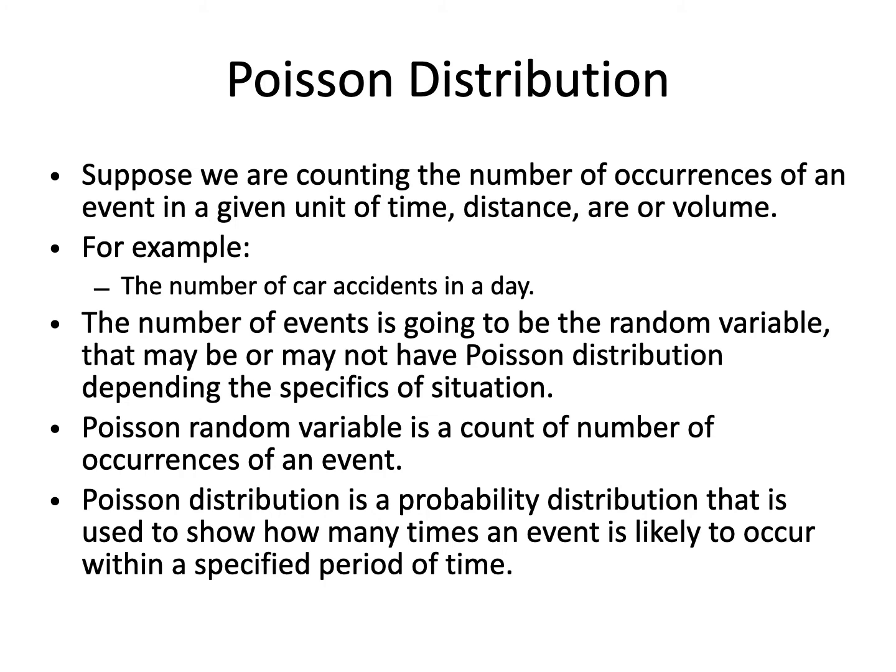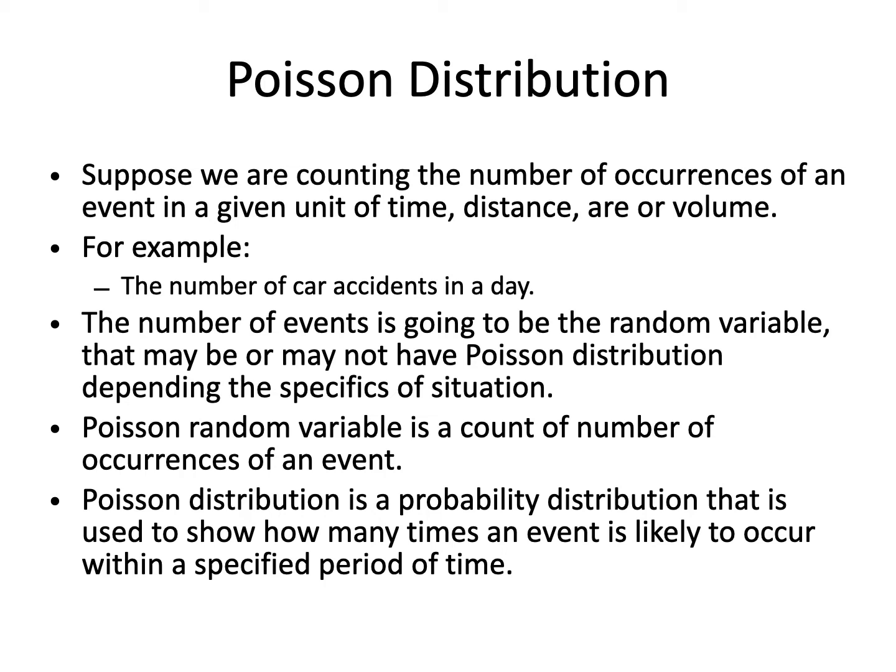Then the number of events is going to be the random variable that may or may not have the Poisson distribution, depending on the specifics of the situation. But a Poisson random variable is a count of the number of occurrences of an event, defining the variable in terms of time.